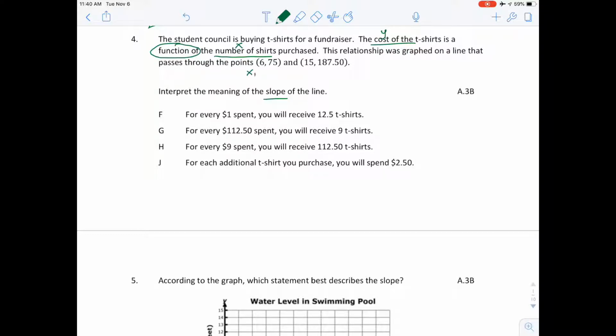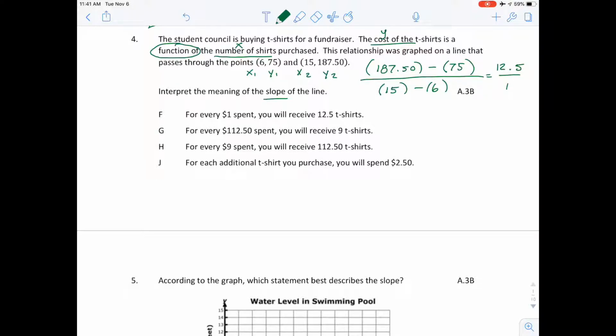So I'm going to do x1, y1, x2, y2. So here's my slope formula. I got 187.50 minus 75 over 15 minus 6. When you type that in, you get 12.5, which as a fraction is 12.5 over 1.